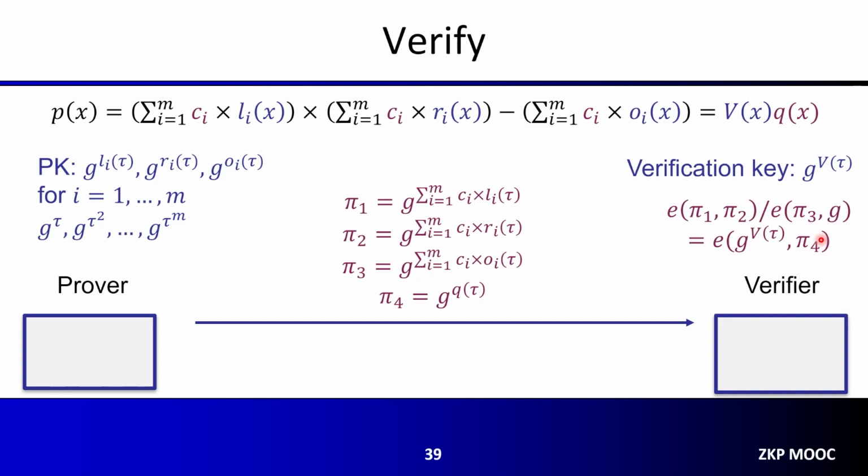So following all of these derivations, that gives you the first polynomial times second polynomial minus the third polynomial equals v(x) times q(x), all evaluated at the secret location tau in the exponent. So that is why the verifier can actually check this master polynomial equation using the bilinear pairing.